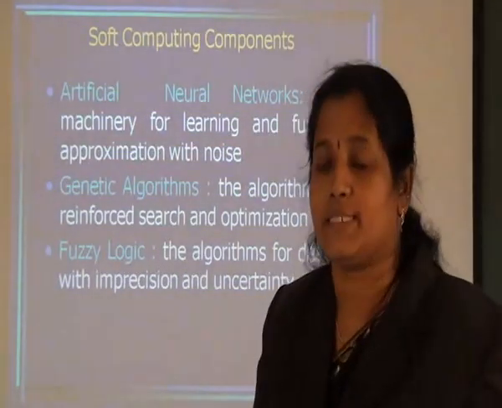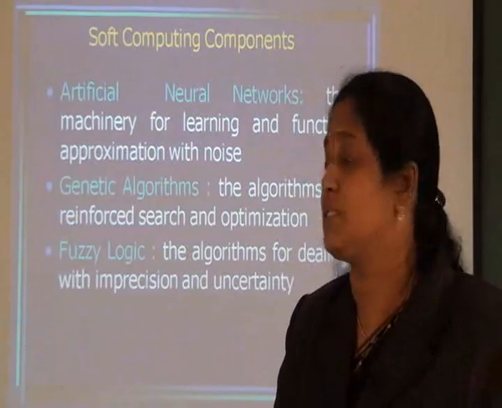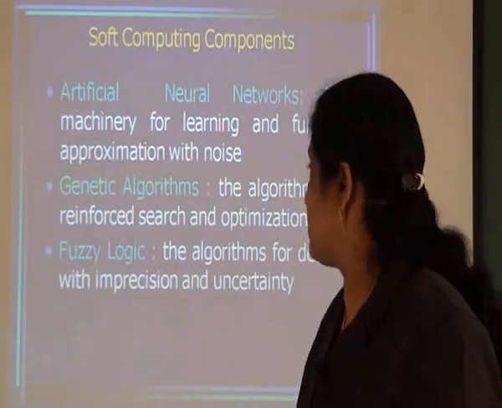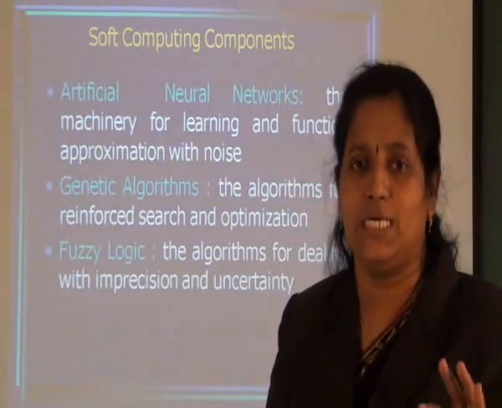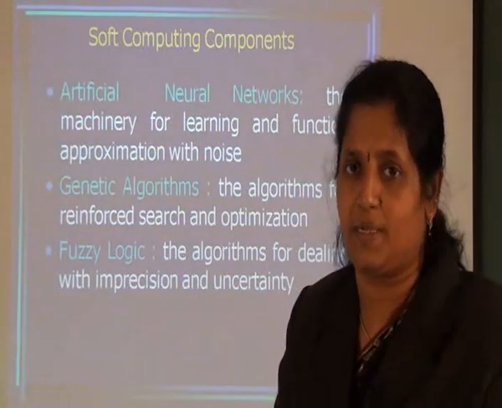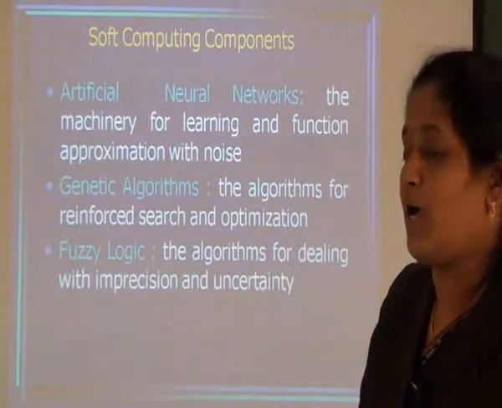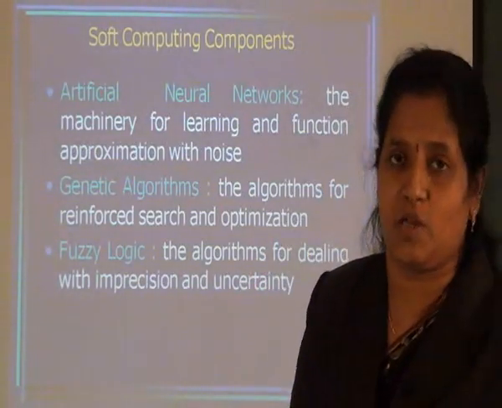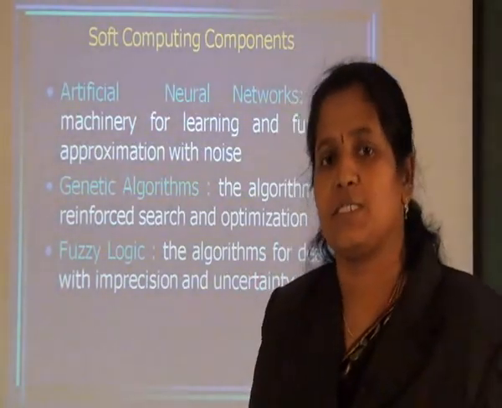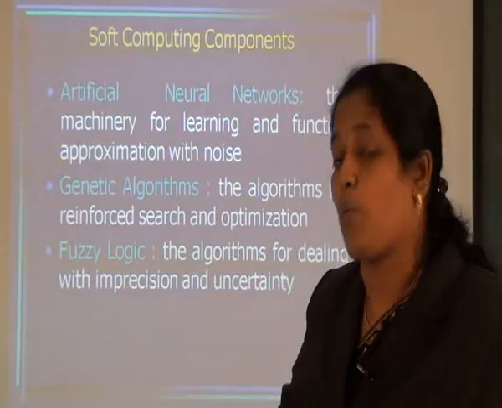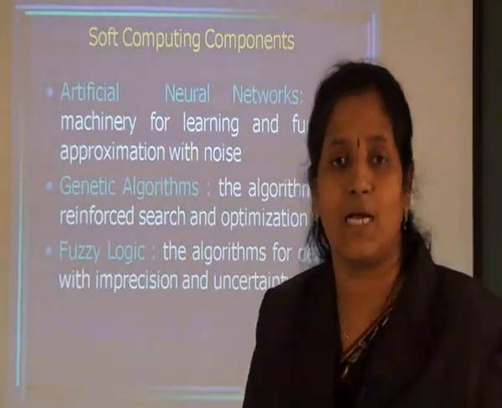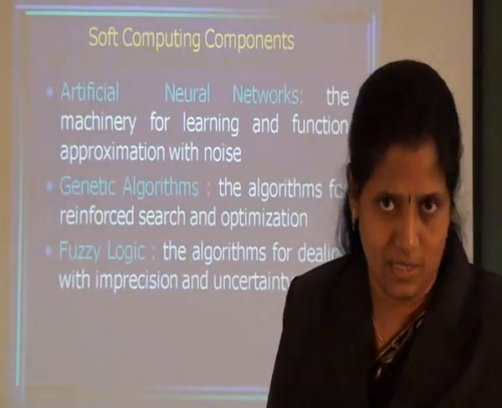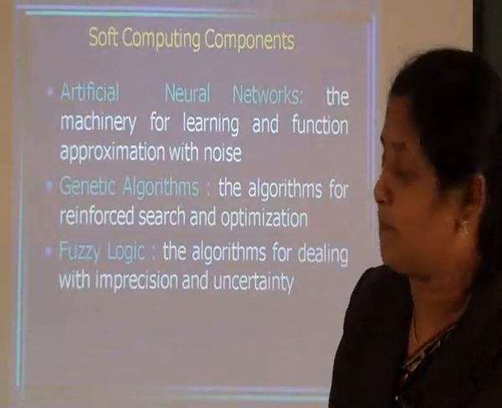So let us narrow down these three topics: artificial neural networks, genetic algorithm and fuzzy logic. Artificial neural network is good for learning. It will learn like a human being. It's a machine for learning, and for function approximation with noise. It provides solutions with noisy data. Genetic algorithm is mainly used for search and optimization.